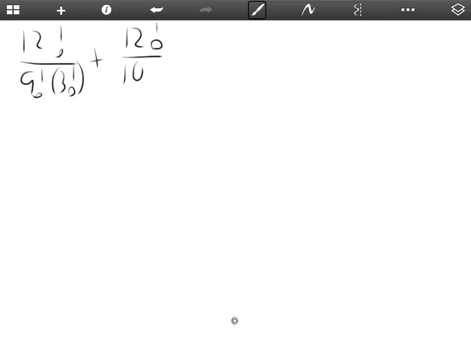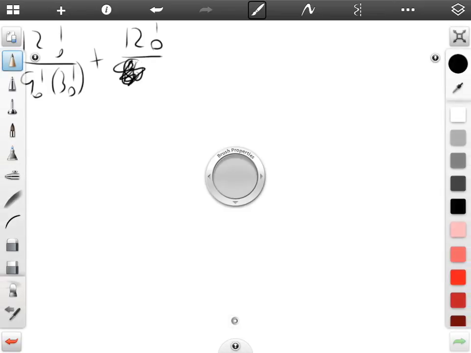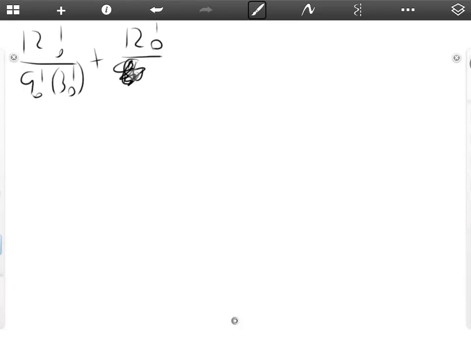Oh, that's not even right, it's 8. I really should figure out how to use the eraser. Okay, I think I got it.